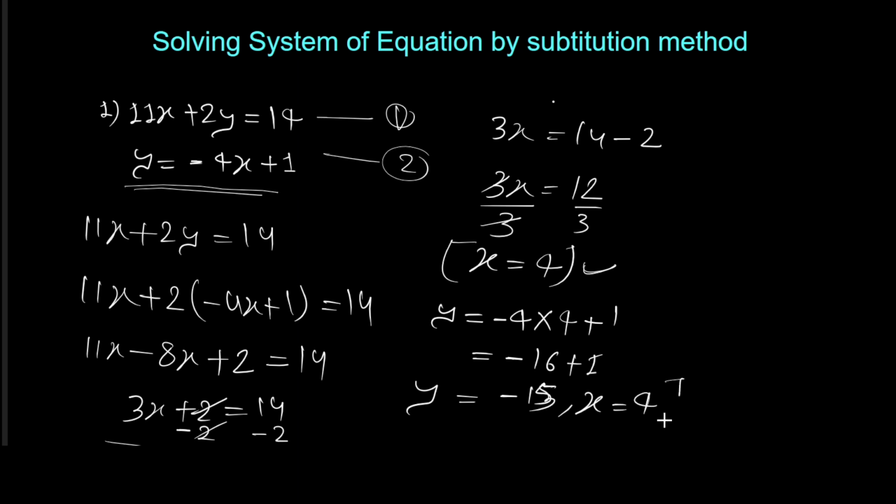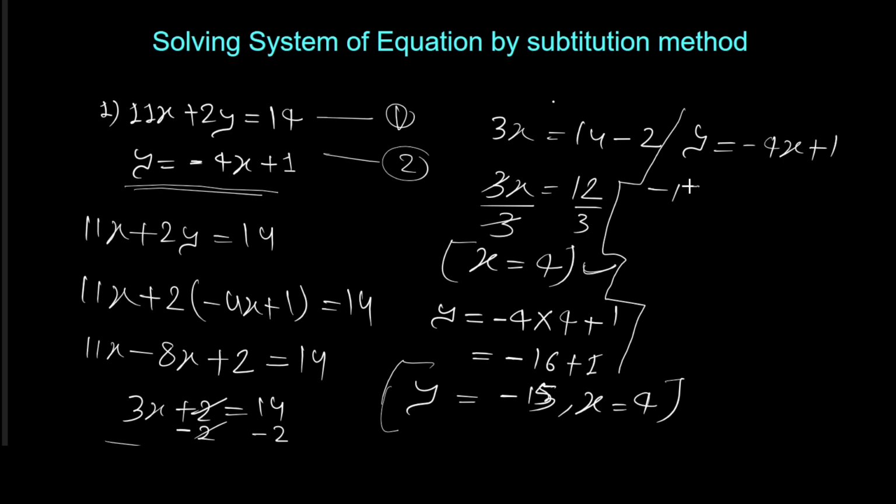If we want to verify whether our solution is correct or not, we have to plug this solution into the equation. So let's plug this solution into the second original equation, which is y equals negative 4x plus 1. So the value of y is negative 15, which equals negative 4 times x, which means 4, plus 1.